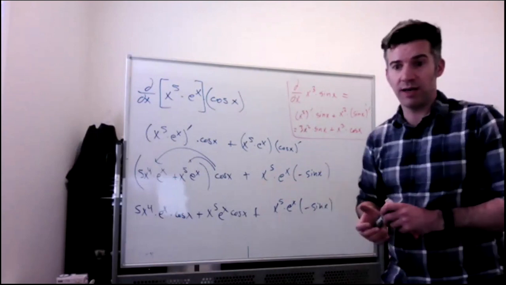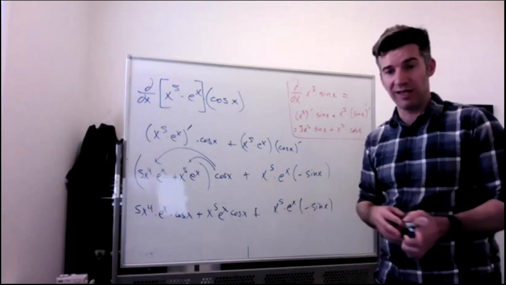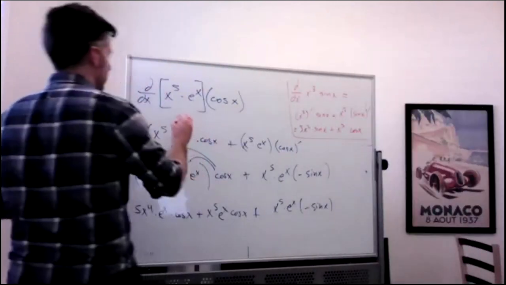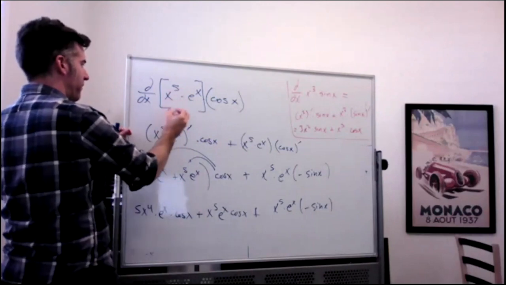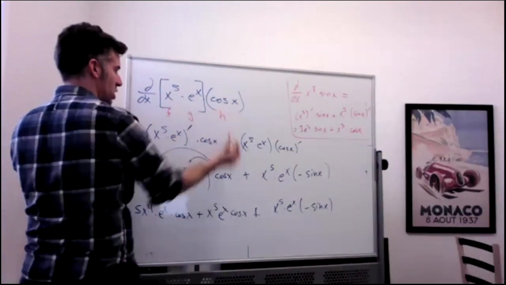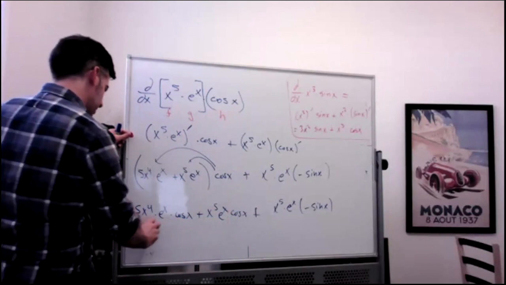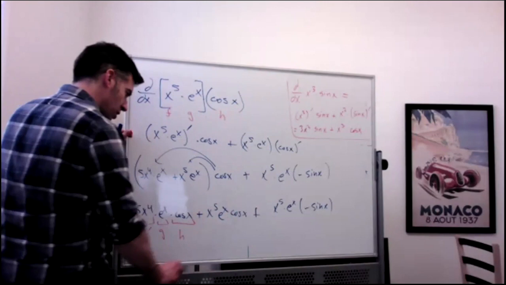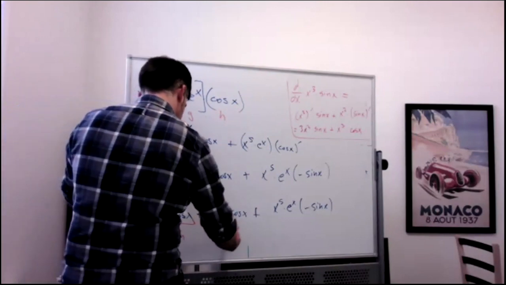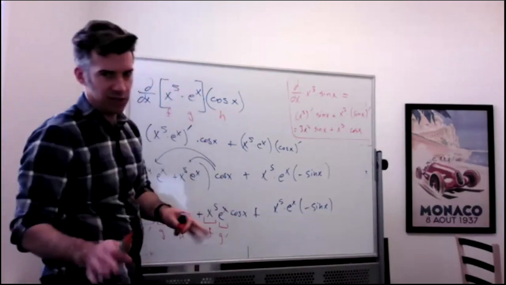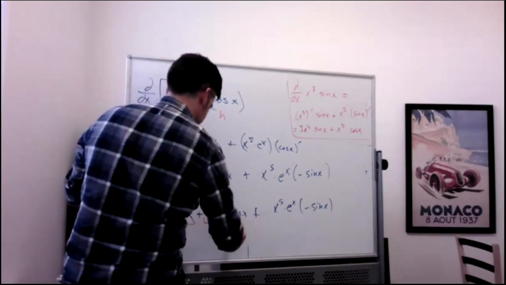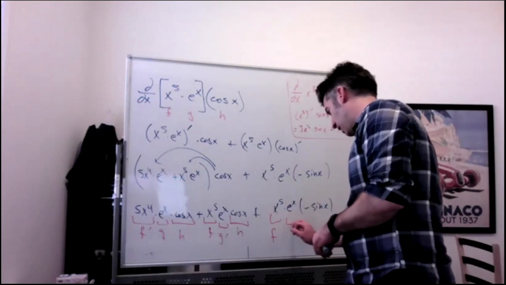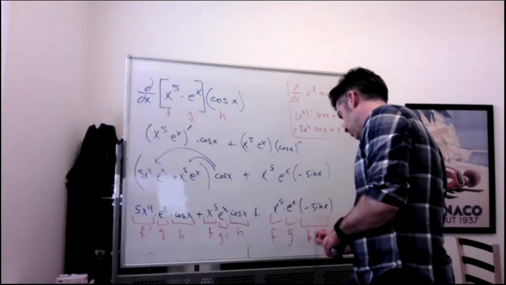What I really want to point out is that when you have a product of more than two things, it's the same sort of rule, just repeated. So if you think of this as the derivative of f times g times h, the derivative is f prime times g times h plus f times g prime times h plus f times g times h prime.